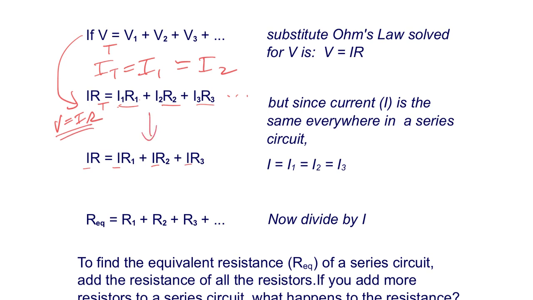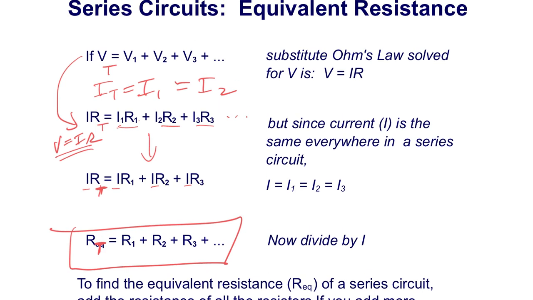And so rewriting that, we got R equivalent, I call it equivalent resistance, total resistance. So this is the new rule: the total resistance of the system is the sum of the resistances, only if they're in series.